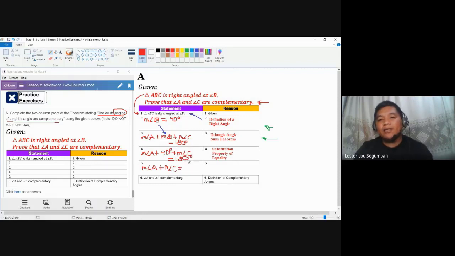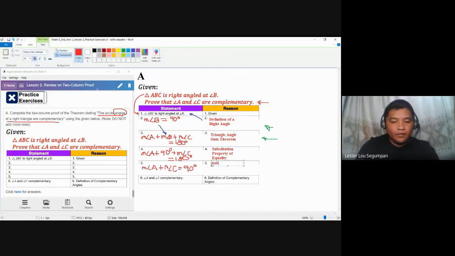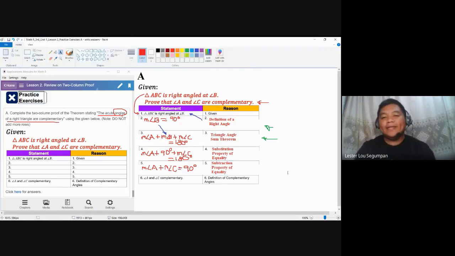So 180 minus 90 will be 90 degrees. Again, we use the subtraction property of equality.